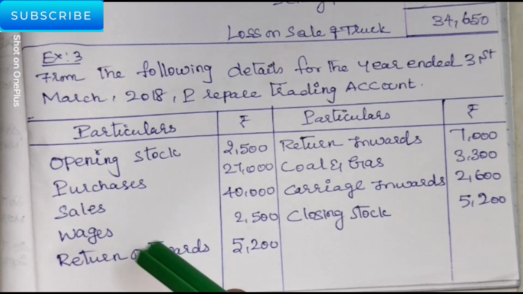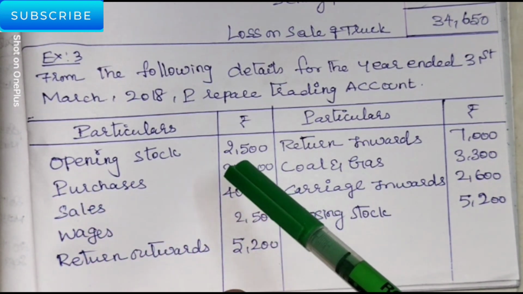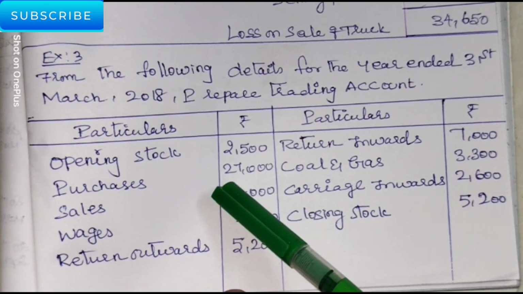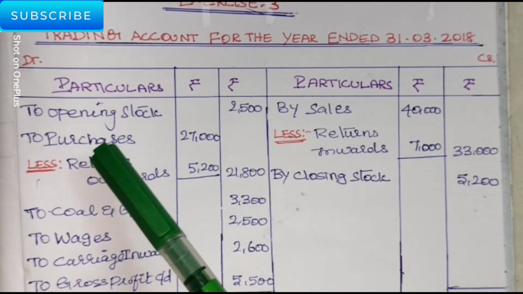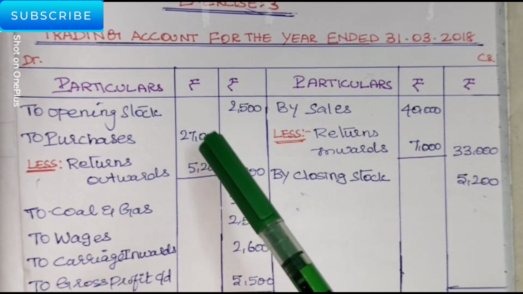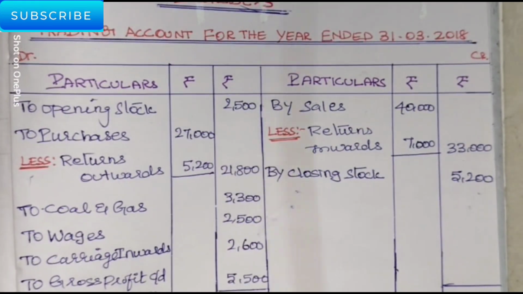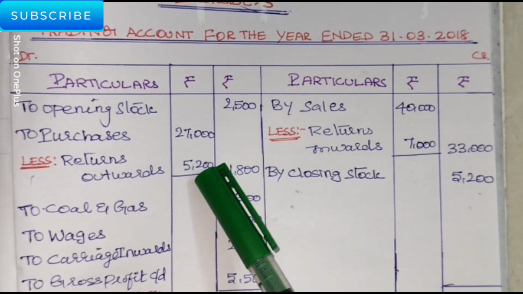So we have to enter purchases, rupees 27,000, in the inner amount column. With that we have to subtract return outwards 5,200.